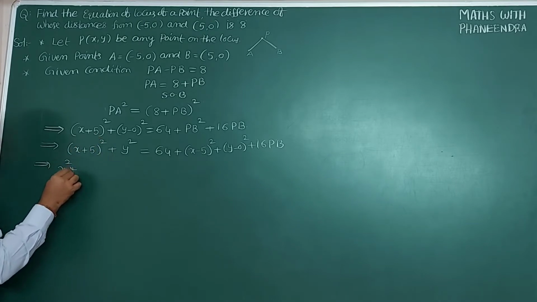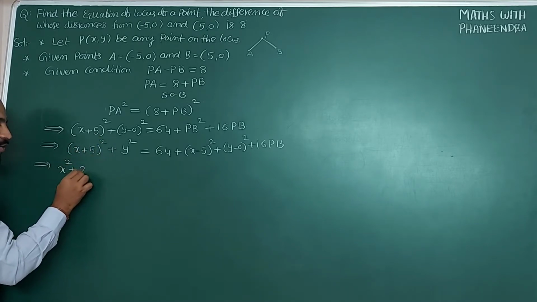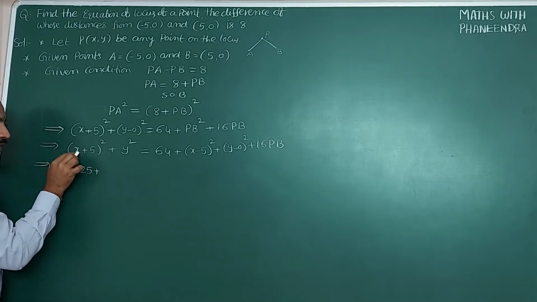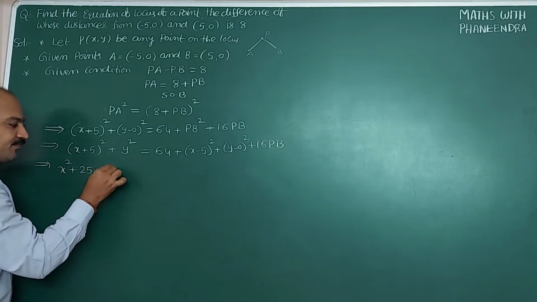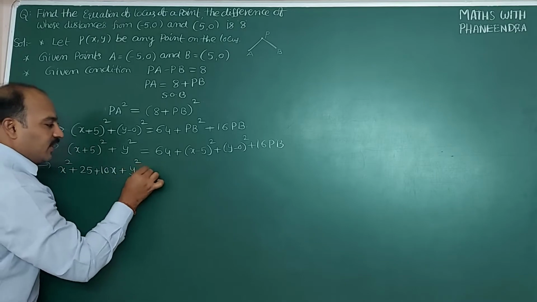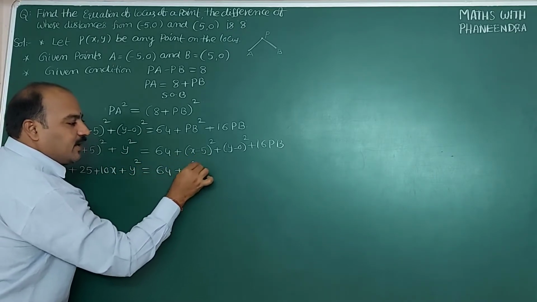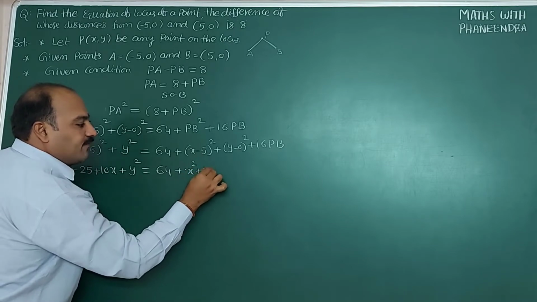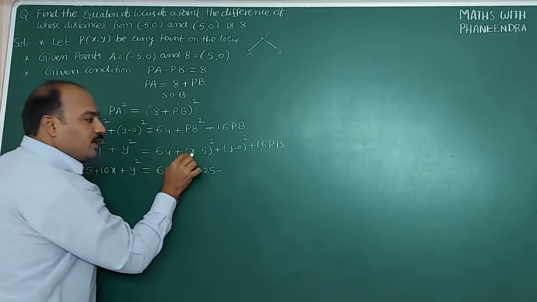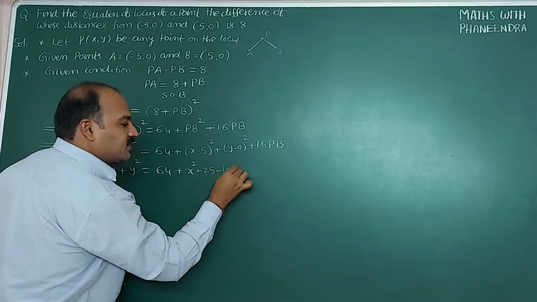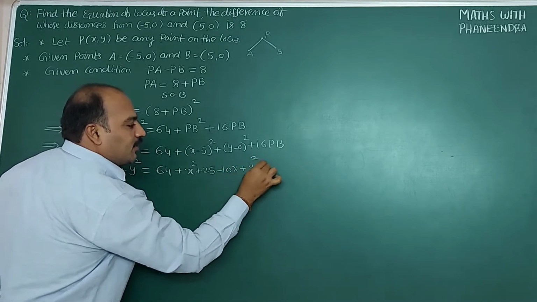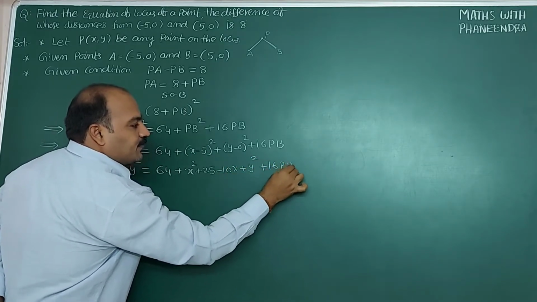So on both sides, you have to expand. x plus 5 whole square: x square plus 5 square, 25, plus 2ab, 2 into x into 5, 10x, plus y square is equal to 64 plus a minus b whole square: a square plus b square, x square plus 5 square, 25, minus 2ab, 2 into x into 5, so minus 10x plus y square plus 16 PB.